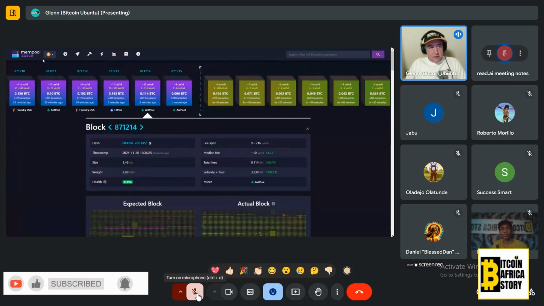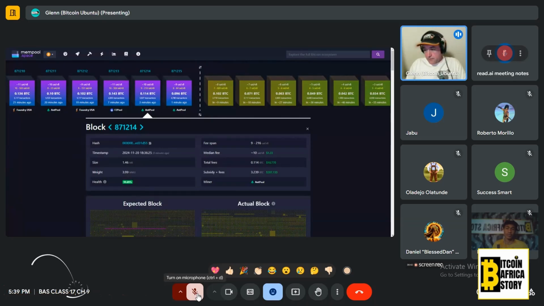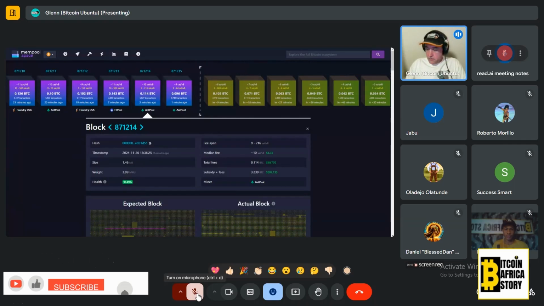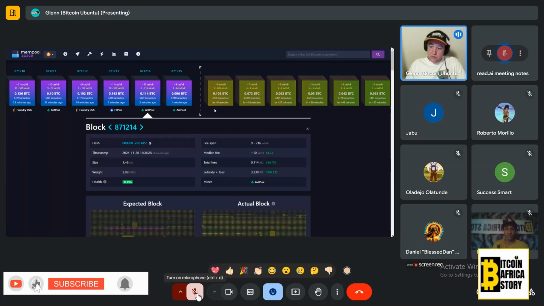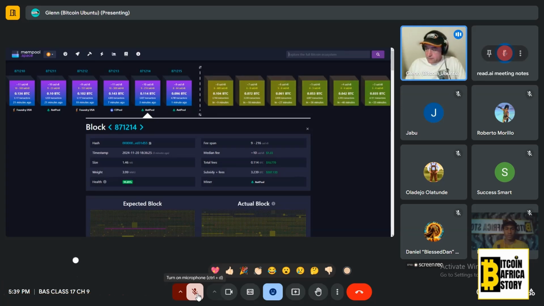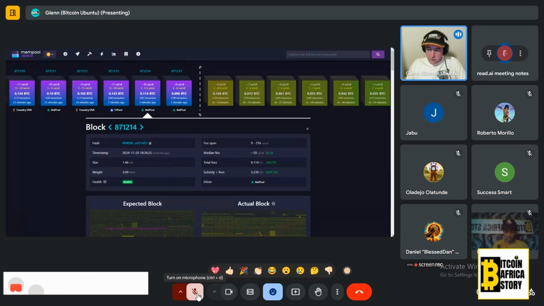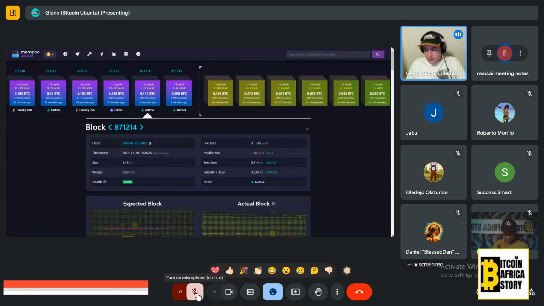You can also use mempool.space to, and this is what I was hoping to do on the first lesson, except that our block was found literally seconds after I broadcast the transaction. But if you have a pending transaction, let's say you're making a withdrawal from an exchange and you're waiting and worried for your Bitcoin to arrive at your Blue Wallet or Green Wallet, wherever you might be withdrawing it to, you can take the transaction ID from the exchange or from whoever's sending you the Bitcoin, and you can just plug it in here at mempool.space and search for it.